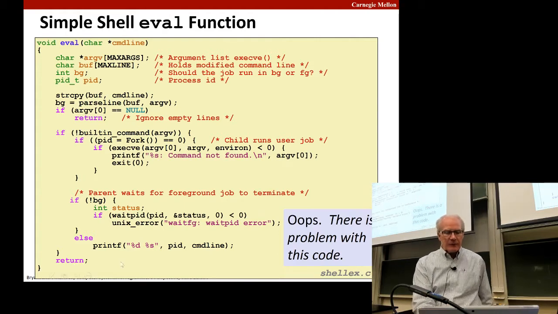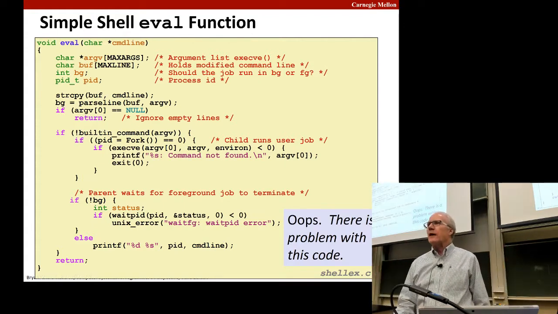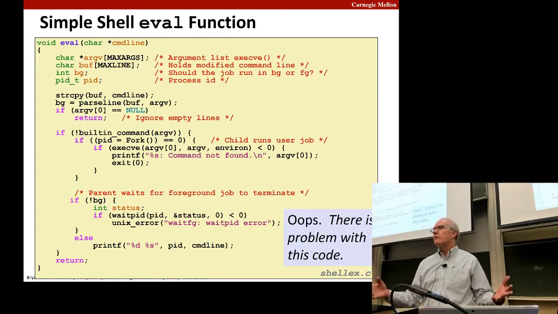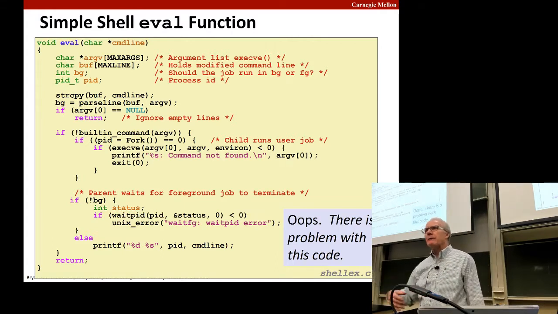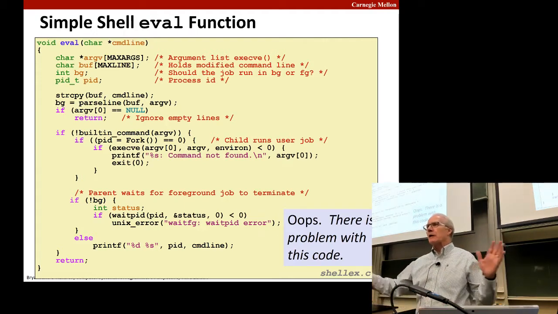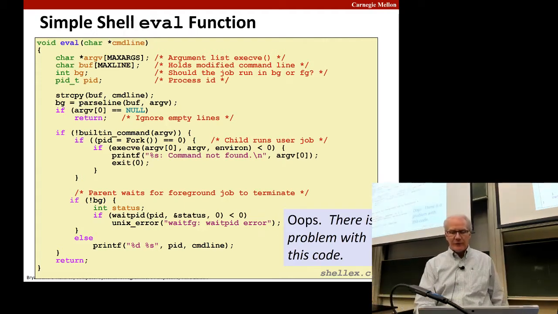The problem is if it was a background process, the shell just marches on and doesn't pay any attention to it. So even when the background process completes, it will never get reaped. And a shell is an example of a program that in principle can run indefinitely. So if it keeps happening over and over again, it can accumulate a whole bunch of zombies.